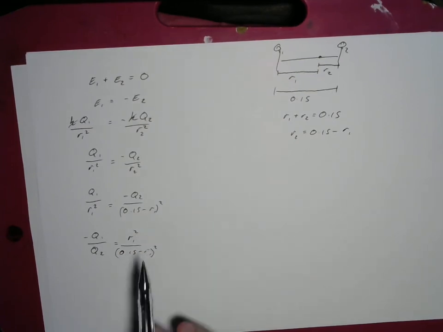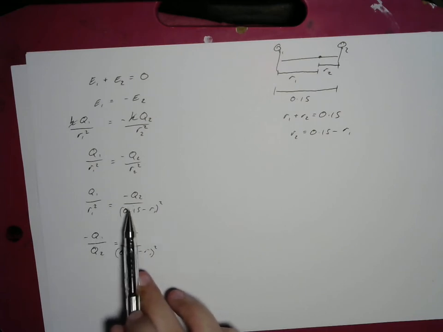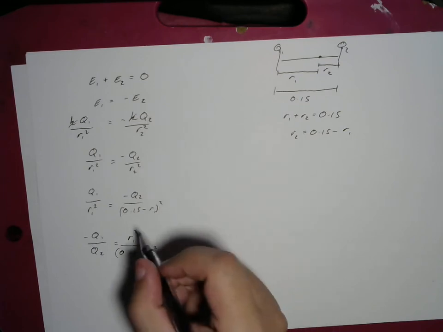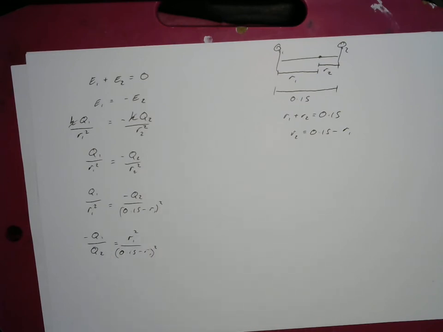Now you didn't have to do it like this. You could have expanded this open, put the numbers in, multiplied things over, and you would have got some quadratic at the end, but there's this nice little solution here where, because you've got both an R squared over something squared, you can just take the square root of both sides.